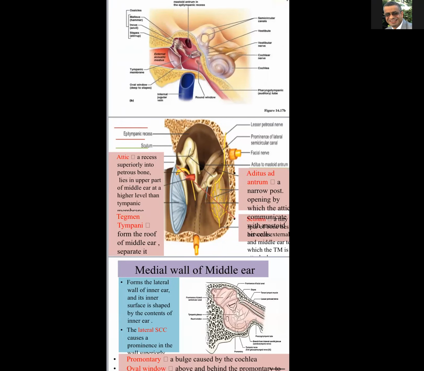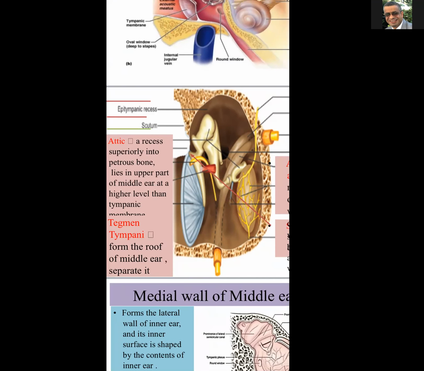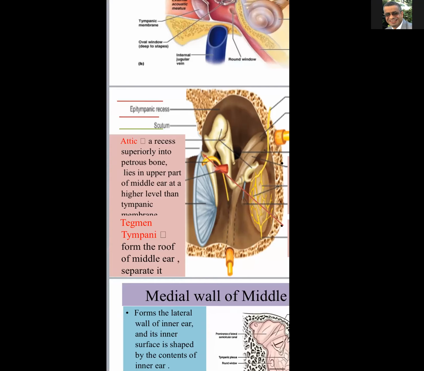Also, we have what we call the epitympanic recess. This recess is present in the superior part of the middle ear, and it is above the tympanic membrane. الشغلة الأخرى أكو شيء اسمه tegmen tympani. Tegmen tympani, it is a bone which separates the middle ear cavity from the temporal lobe of the brain.